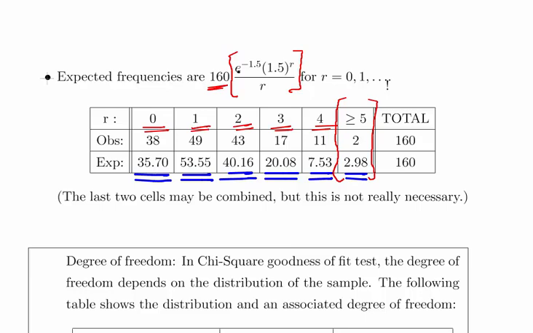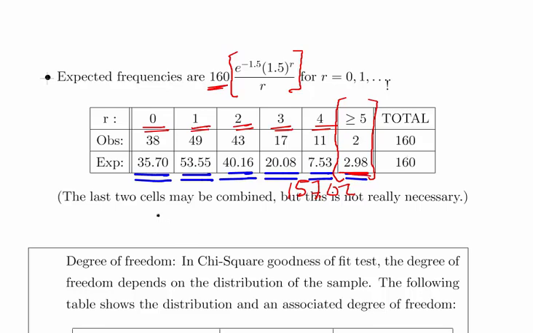Just as a remark, for the probability of greater than or equal to 5, essentially just add up all of these, and it should work out to be 157.02. Then take the difference so that it adds up to 160 overall. That's perfectly fine; it's just rounding error. I'll do that again.